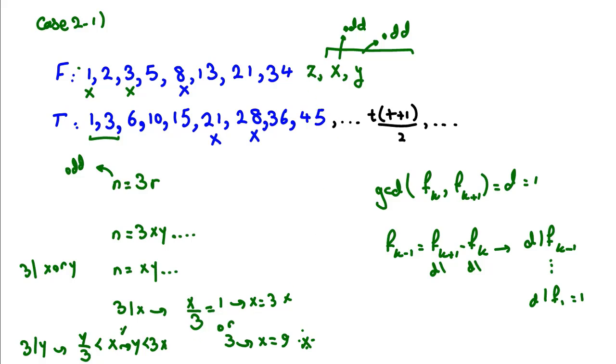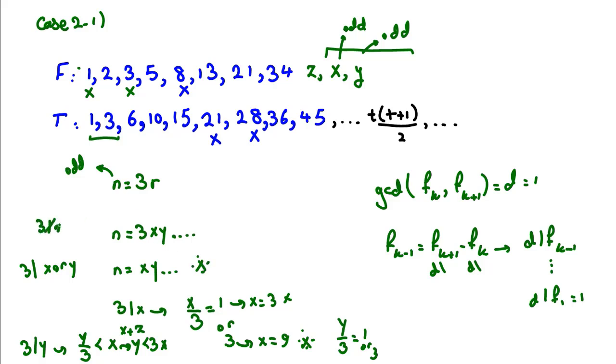So y is less than 2x, so it is less than 3x. Because y over 3 is less than x, y over 3 can be 1 or 3. And again, we reach the same contradiction. So for this part, we've reached a contradiction.